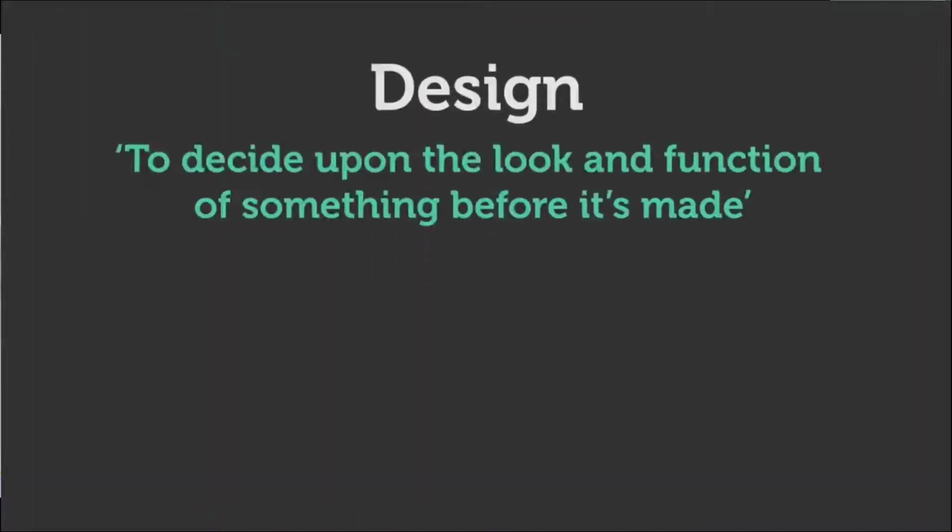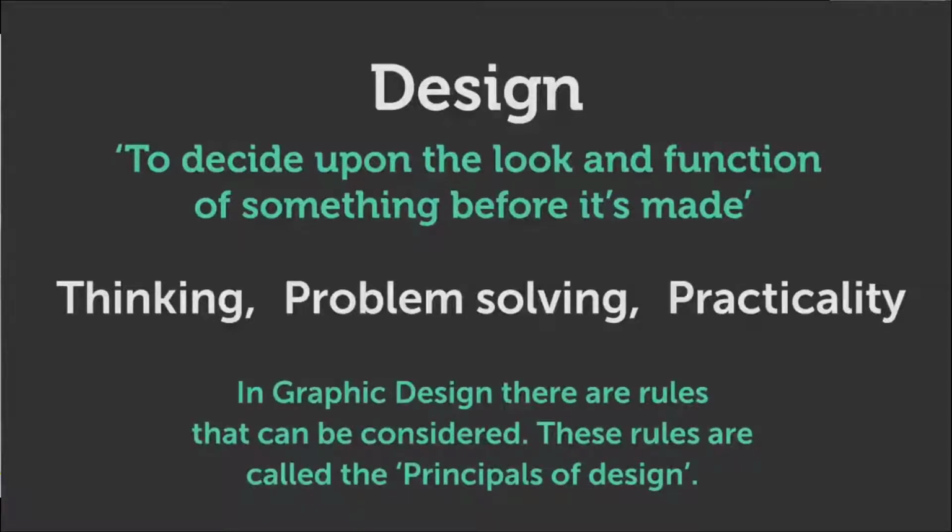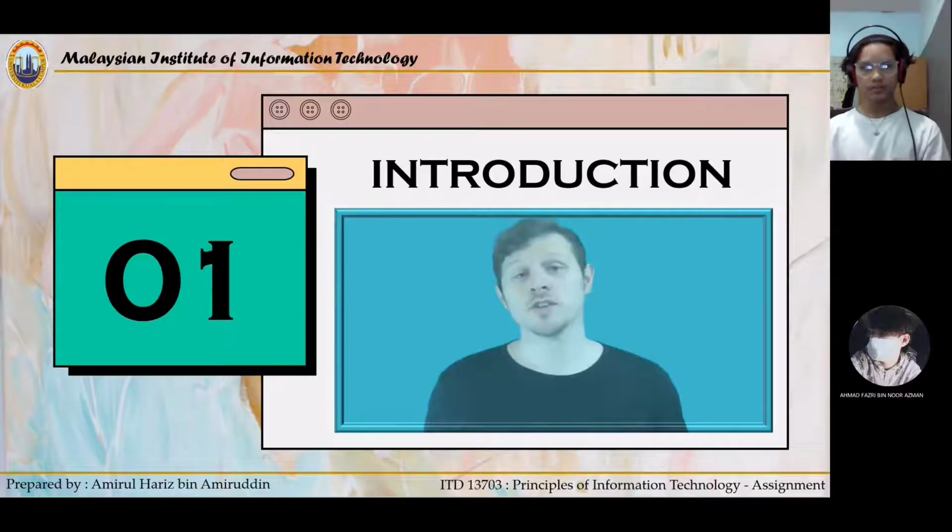Now, the second part is design, which is to decide upon the look and function of something before it is made. So design is thinking, problem solving, and practicality, theory. In graphic design, there are rules that can be considered. These rules are called the principles of design.